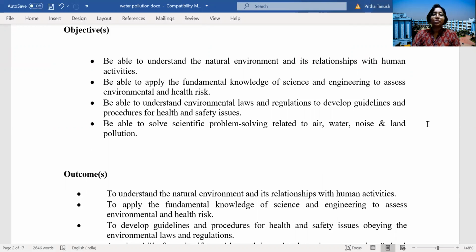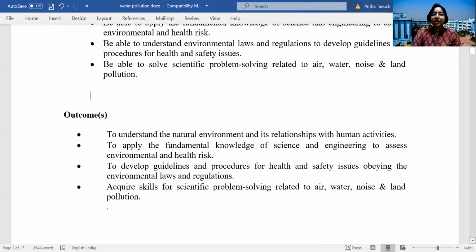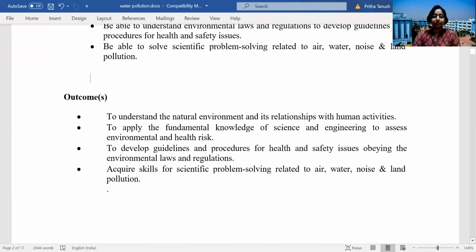They will be able to solve scientific problems related to air, water, noise, and land pollution. So mainly I can tell that our future citizens will be responsible to protect our Mother Earth. And they will acquire skills for scientific problem solving related to air, water, noise, and land pollution.